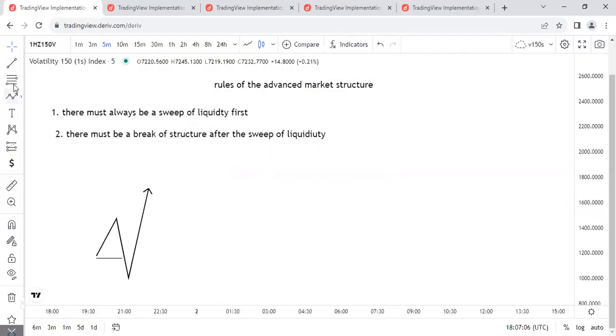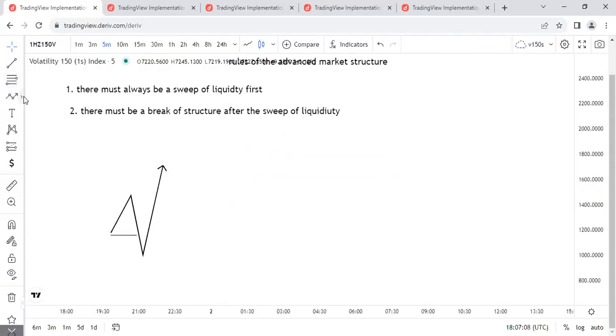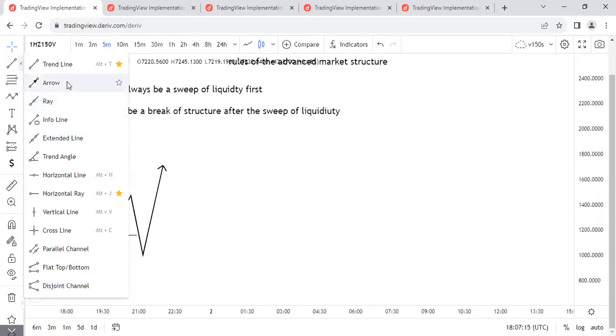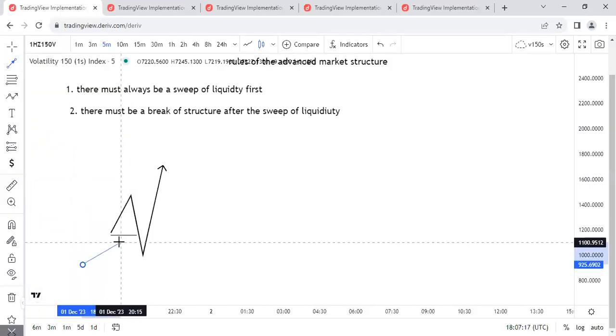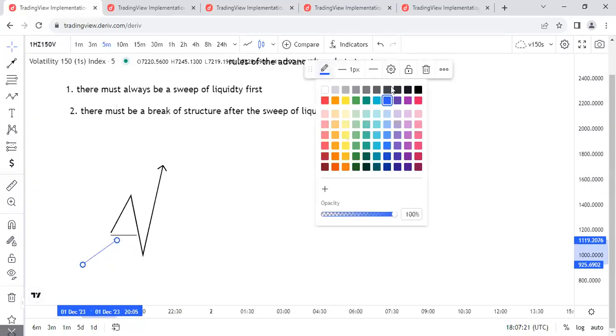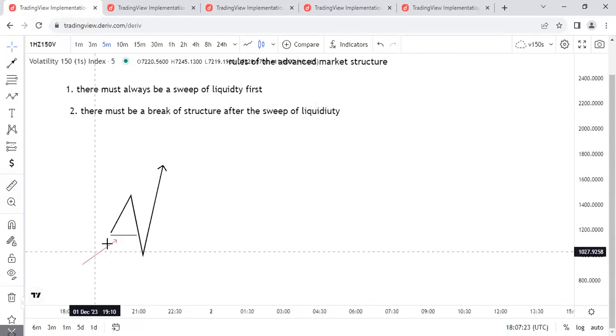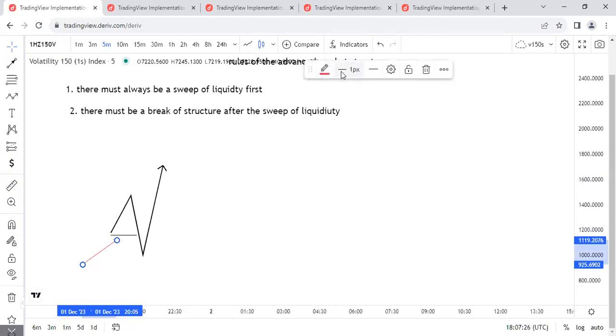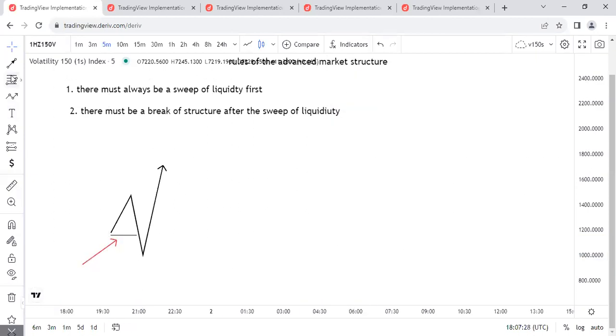So where are they? This is your sweep of liquidity, yeah? Right? Let me make this red. This is your sweep of liquidity. Then where is your break of structure? This right here is your break of structure.